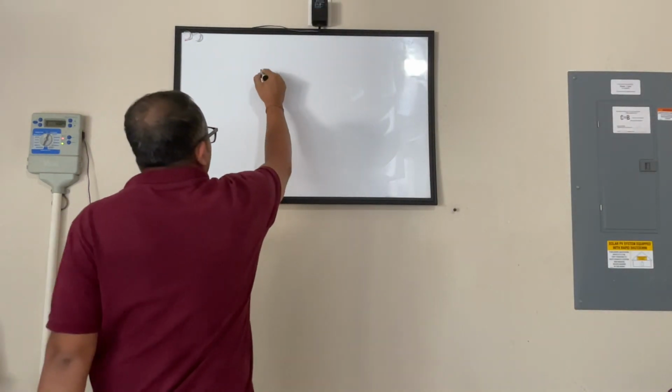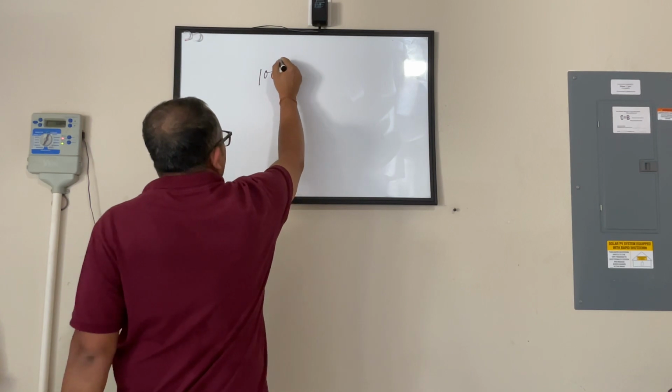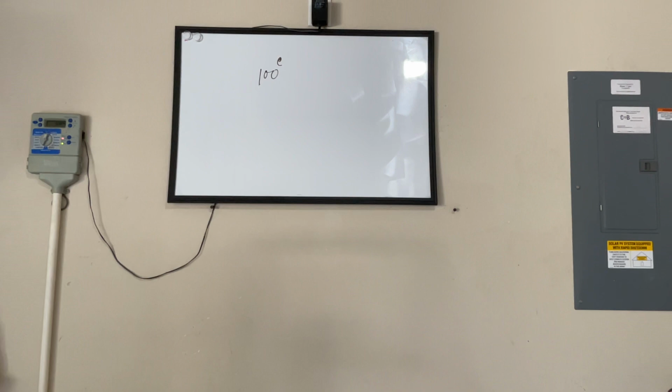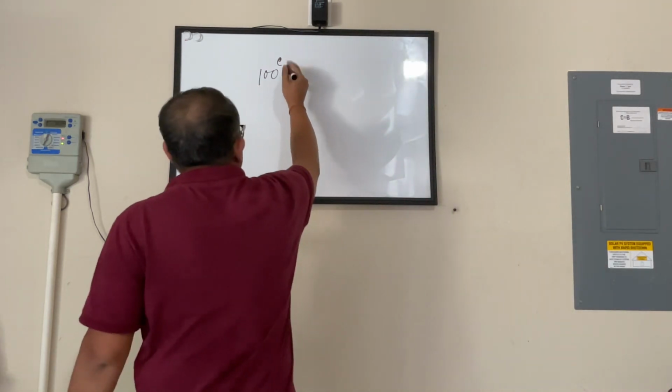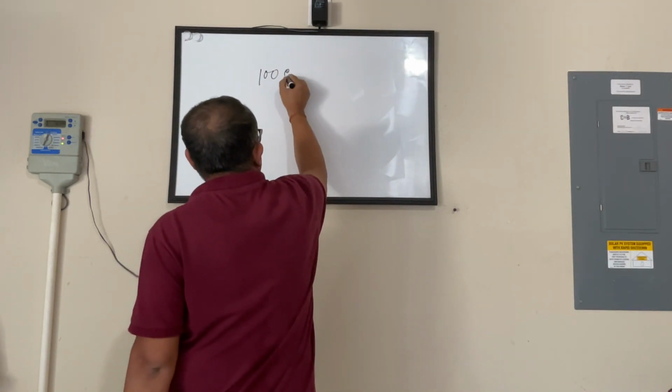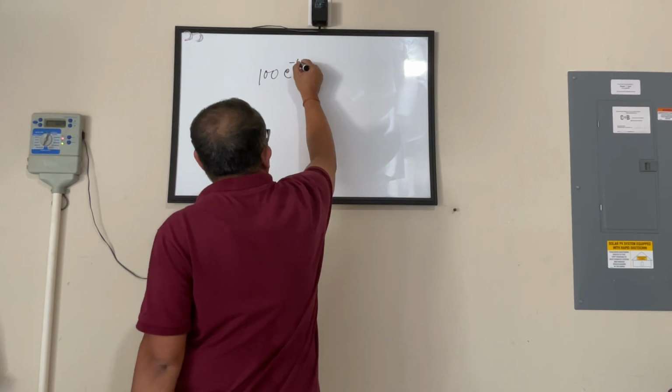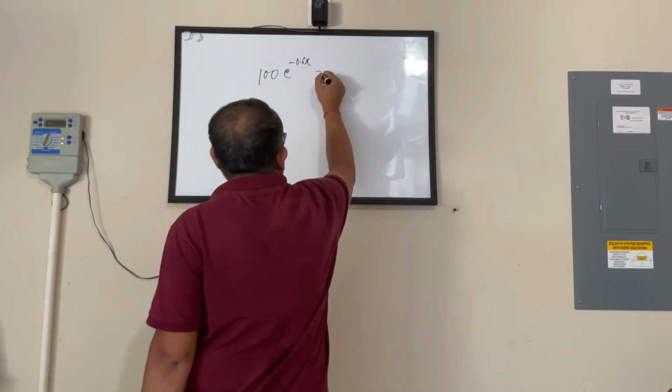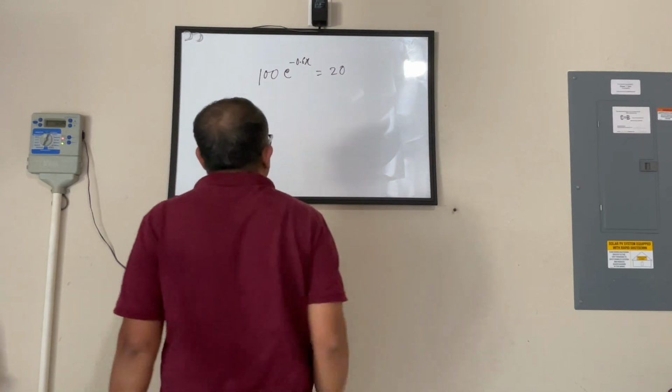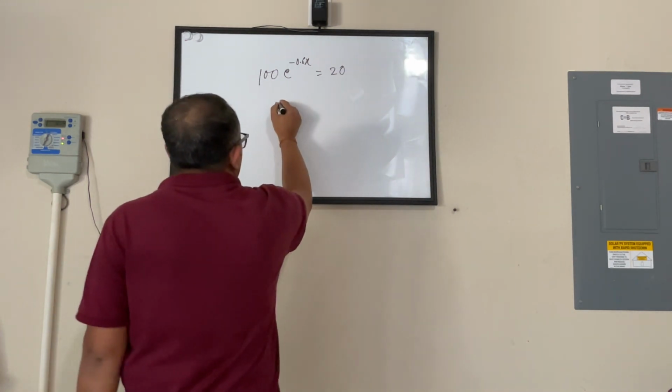100 e to the power of negative 0.6x equals 20. Okay, let's keep it simple.